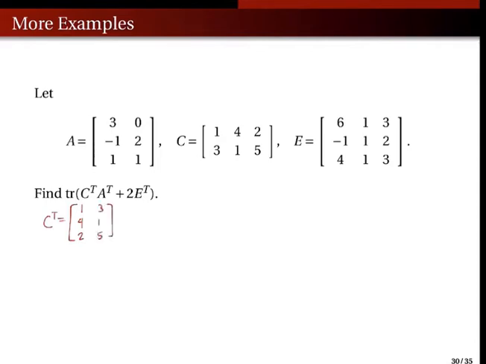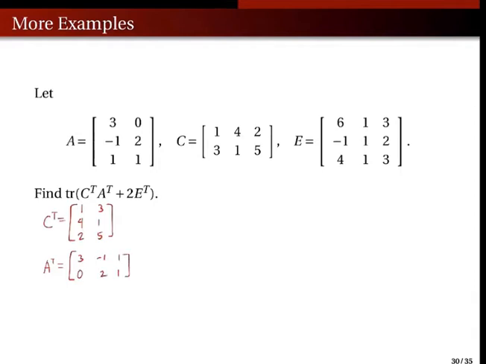And then you also want your A transpose. Rows become columns, and in the same way, columns become rows. So you have here 3, and this is your first column, so it becomes the first row of A transpose. So 3, negative 1, 1, and 0, 2, 1.